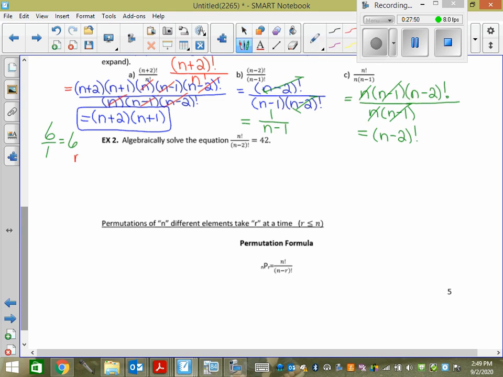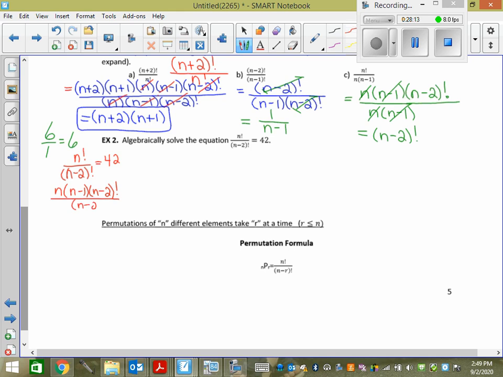So I'm going to get n factorial over n minus 2 factorial equals 42. And I'm going to expand that n factorial first. So I'm going to get n, 1 less is n minus 1, 1 less is n minus 2 factorial over n minus 2 factorial.